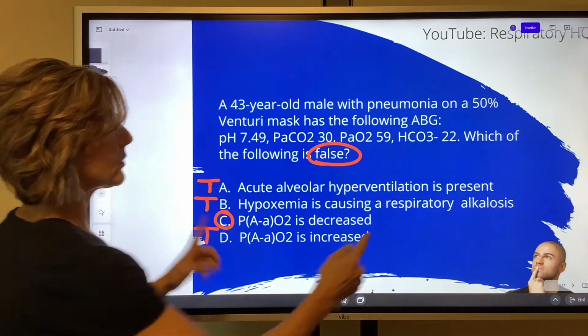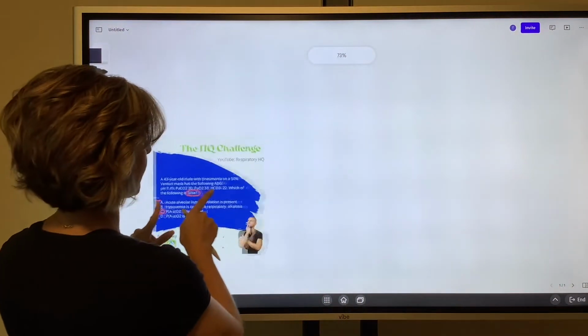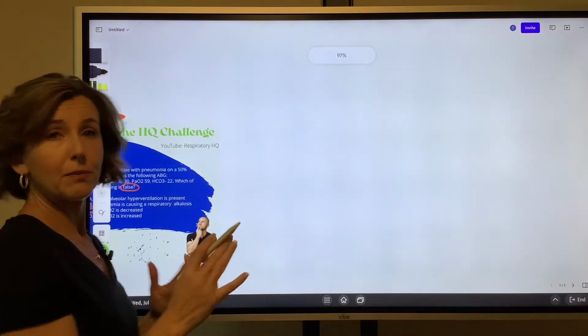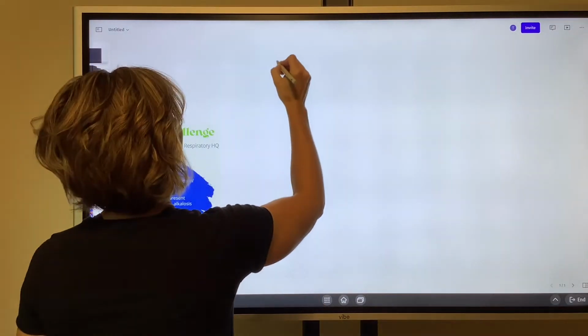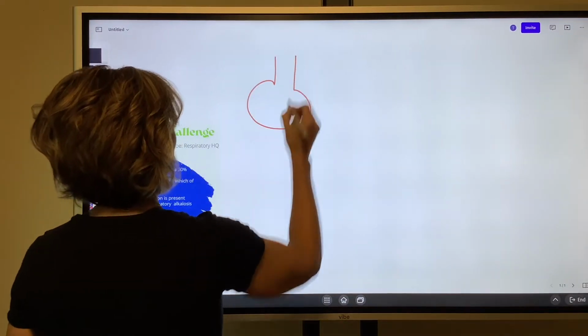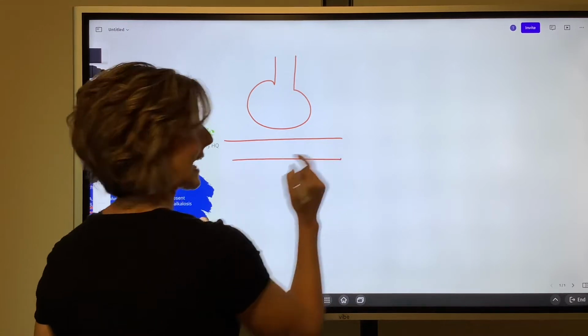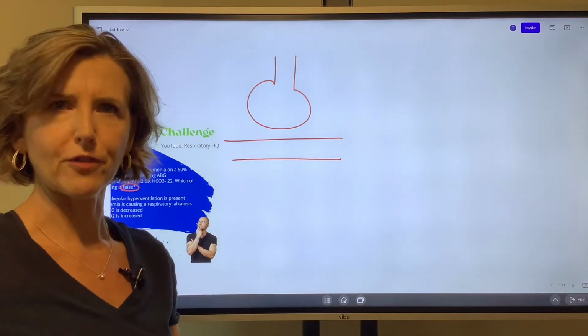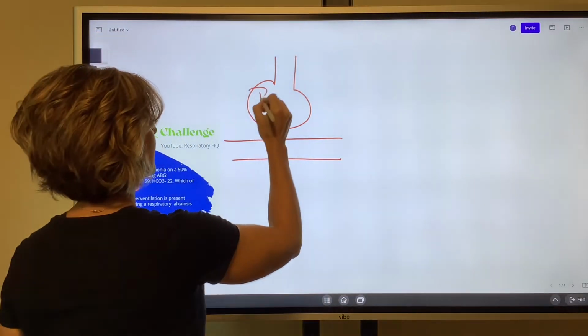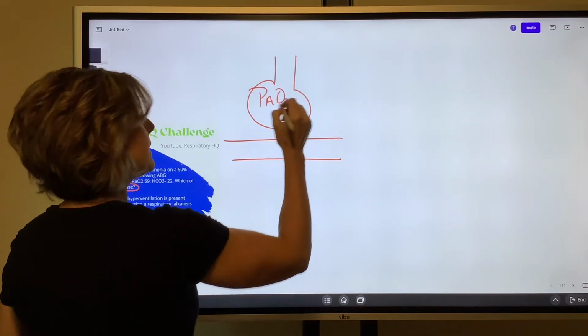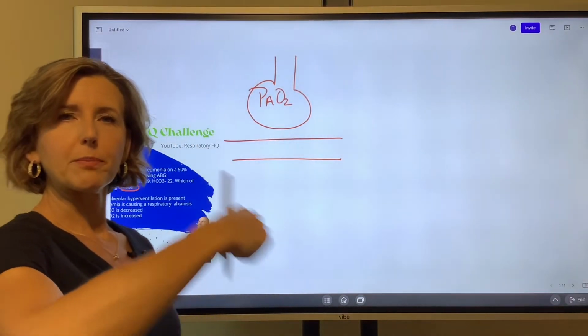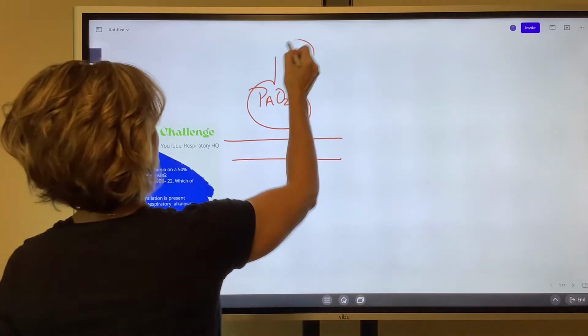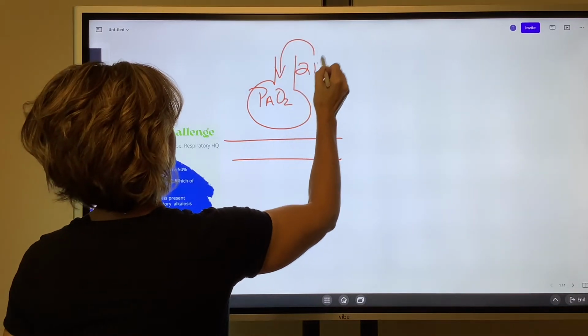Now let me just show you this with a little bit of math, okay? And you might want to check my math because I've been known to do this wrong. But here is our alveoli and here is our pulmonary capillary bed. Let's just do room air first, okay? When we're calculating the PAO2, it's barometric pressure minus water vapor pressure, times the FiO2. So we're going to do this on 21%.